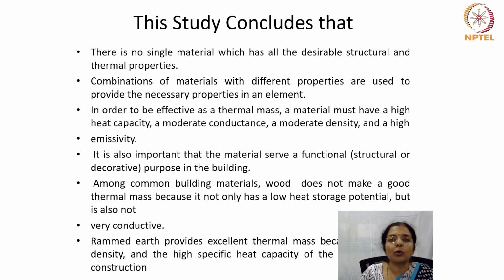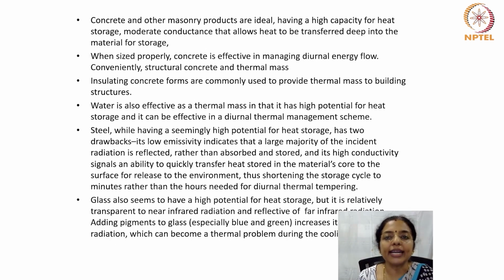Rammed earth provides excellent thermal mass because of its high density and the high specific heat capacity of the soil used in its construction. Concrete and other masonry products are ideal as they have high capacity for heat storage and moderate conductance that allows heat to be transferred deep into the material for storage.